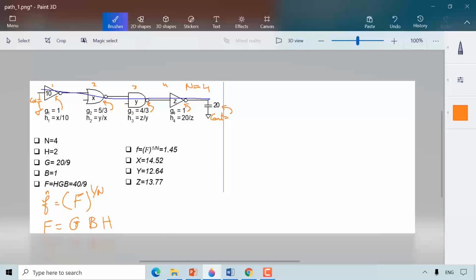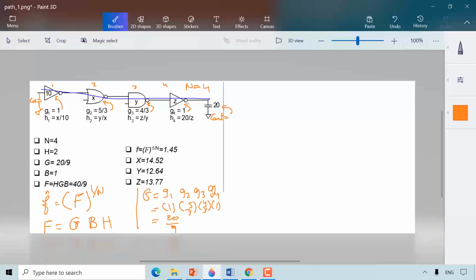G for the path is the multiplication of G1, G2, G3, and G4, which is 1 times 5/3 times 4/3 times 1, equal to 20/9.